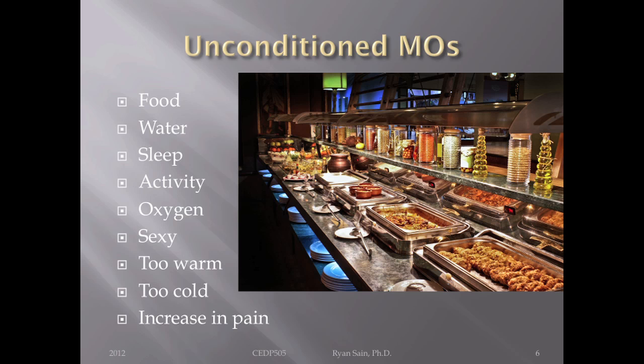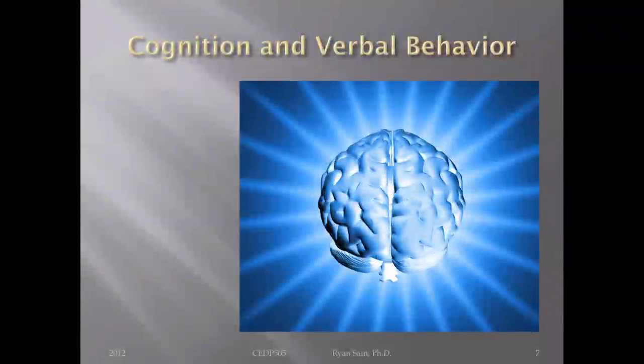But before we get on to that, I want to talk a little bit about cognition and verbal behavior, because this is where the field starts to get a little quirky for some folks. First off, the statement that we don't deal with cognitive events as behavior analysts is wrong. We do deal with cognitive events.